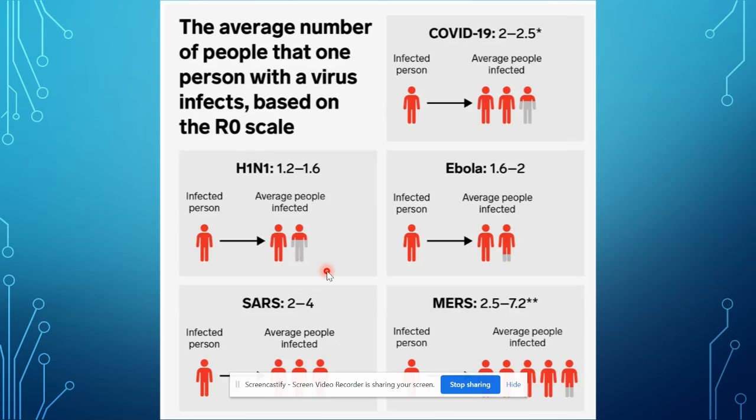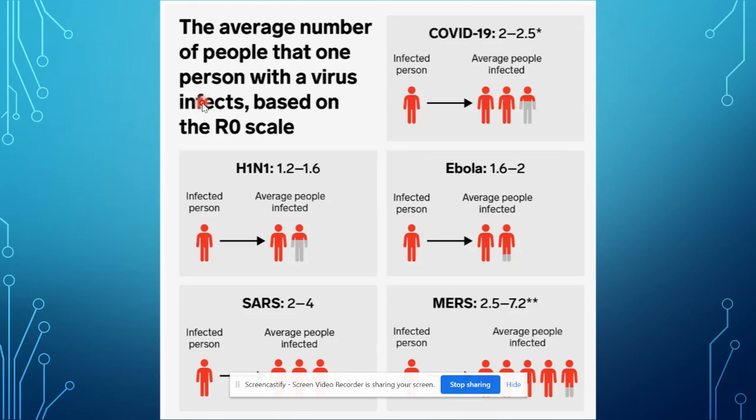All right, so this last graph isn't a graph, it's something that we call an infographic, and maybe you'll choose to give a title to this and offer a conclusion. Pretty interesting information. Now this one talks about the average number of people that one person with a virus infects based on the R0 scale. The R0 scale is the average number of people that one person with a virus infects.